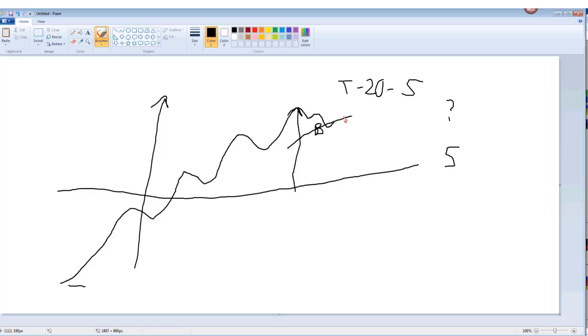Because we are talking about a market in which it's having T20s and the slope of the 200 is going up, but it's not particularly strong. The current price is not that far away from the 200.